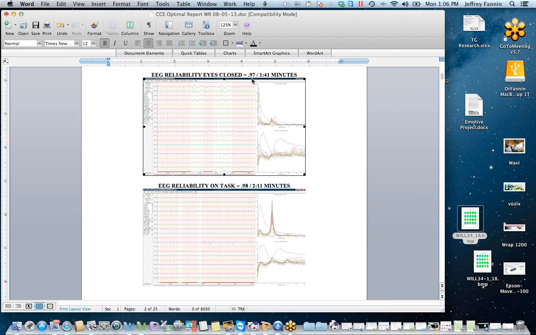Anything over 0.90 is considered a good clean record. And then we have to have at least 1 minute of artifact-free data in order to make it reliable and valid. Here in the eyes closed condition, we have 0.97 and 1 minute and 41 seconds. Then in the on-task, when you were doing the intention, we have 0.98 and 2 minutes and 11 seconds used. So we got a good clean recording there.